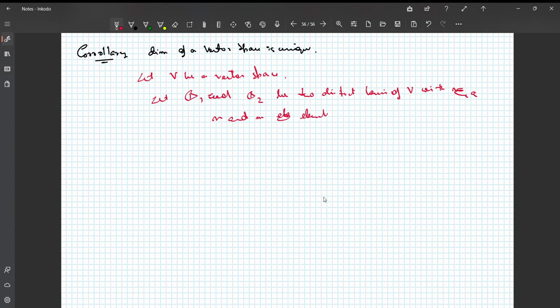Okay, so with n and m elements respectively. Clear? Okay. So now, B1 is a spanning set.